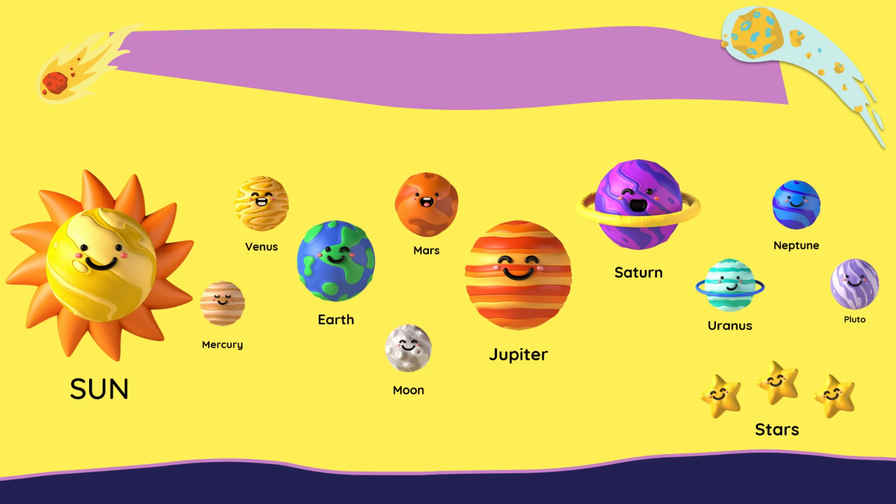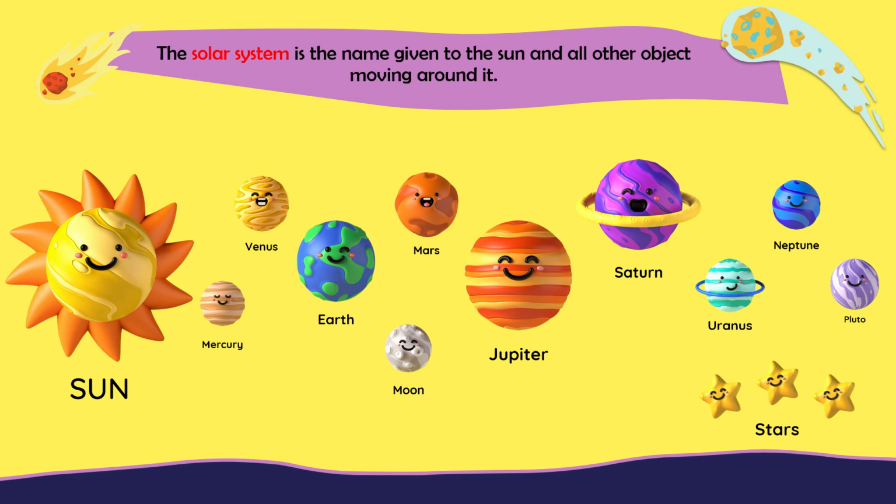Okay, next one. So this is the solar system, and these are the planets, the comets, the asteroids, and the stars around the sun. So the solar system is the name given to the sun and all other objects moving around it.